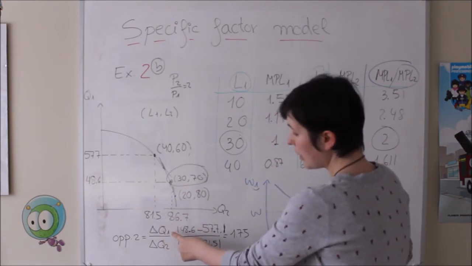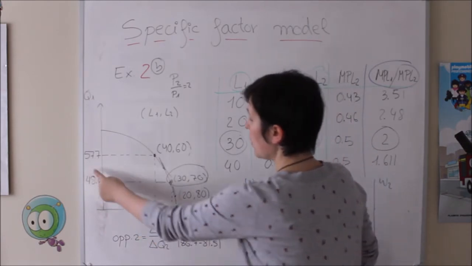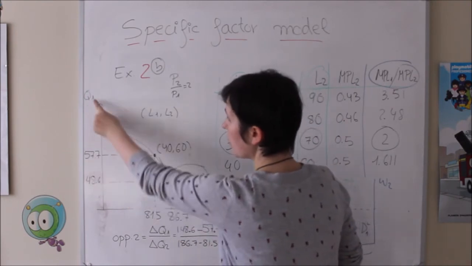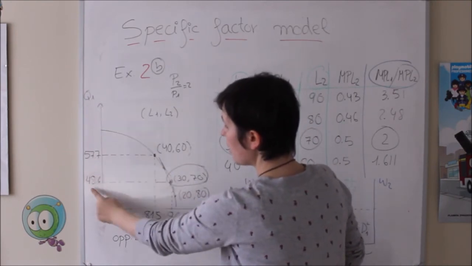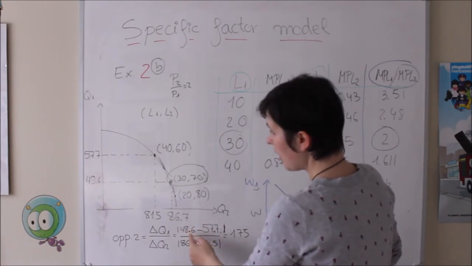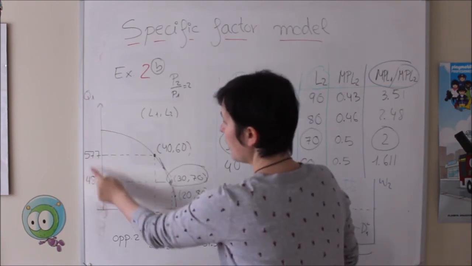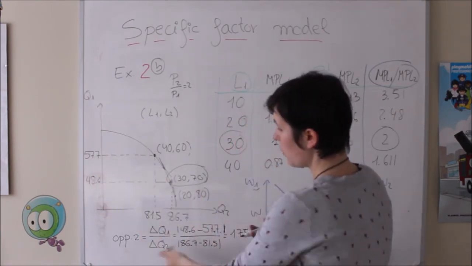In the case of the output of good 1, it was, for instance, this value, because here is output 1, and now it's this one. So that is going to be the difference, okay? The final value is this one minus the initial one. What about the other one?